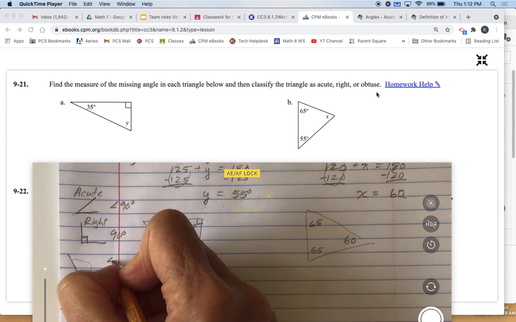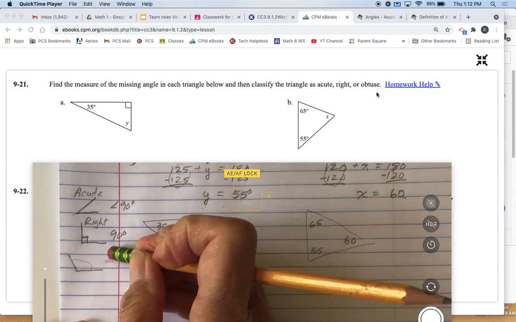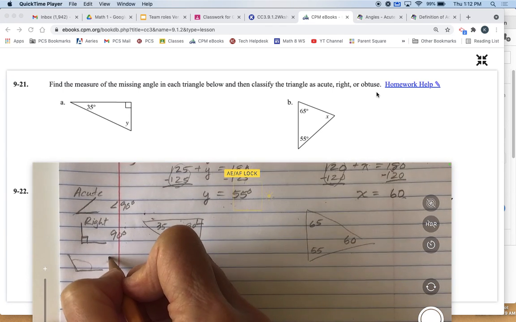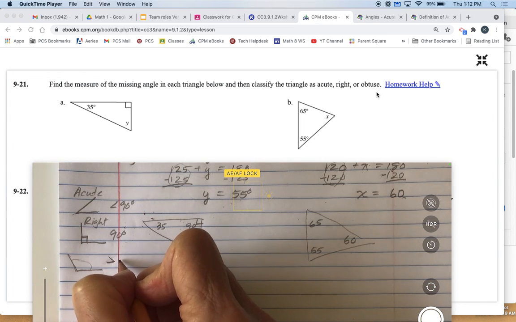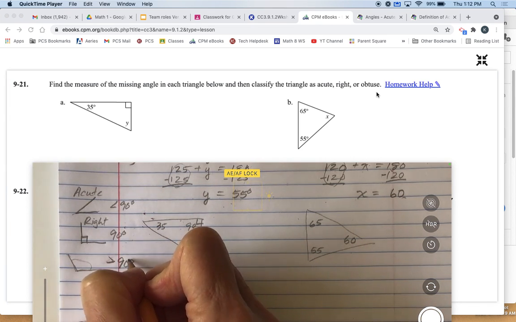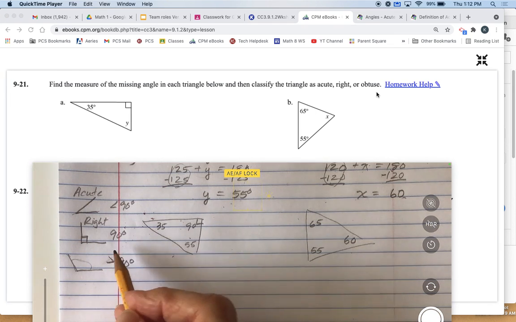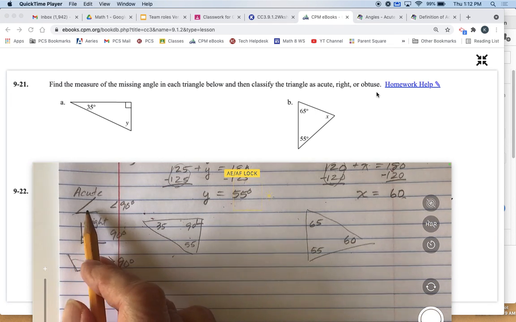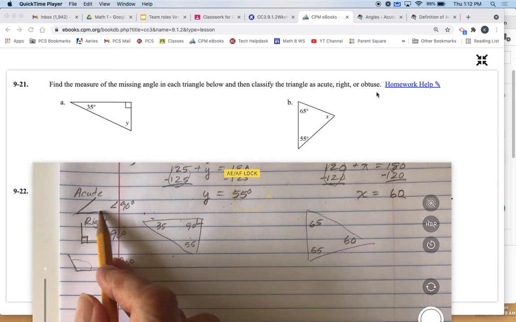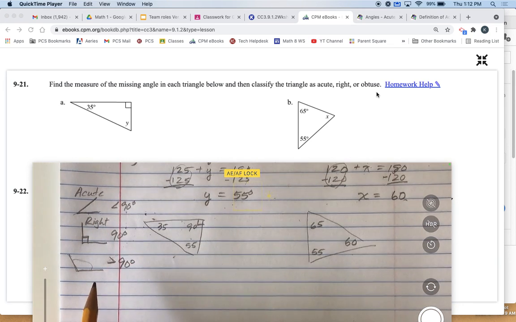So it's larger than 90 degrees. All right, so when it comes to triangles, an acute triangle is a triangle where all the angles are less than 90 degrees.